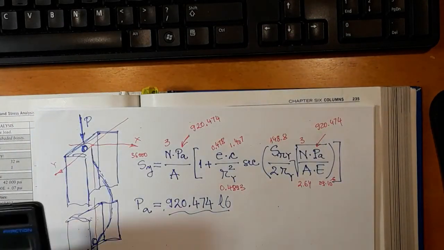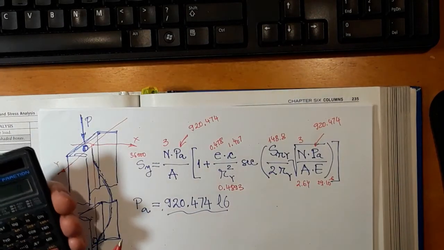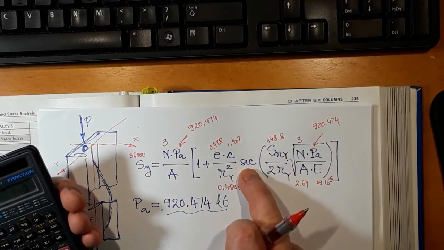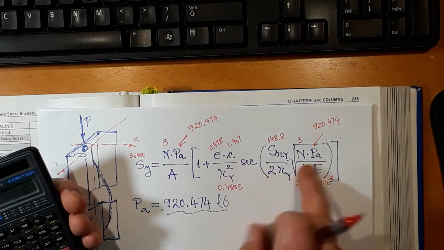Okay, so we can evaluate this, apply secant, 1 over cosine.